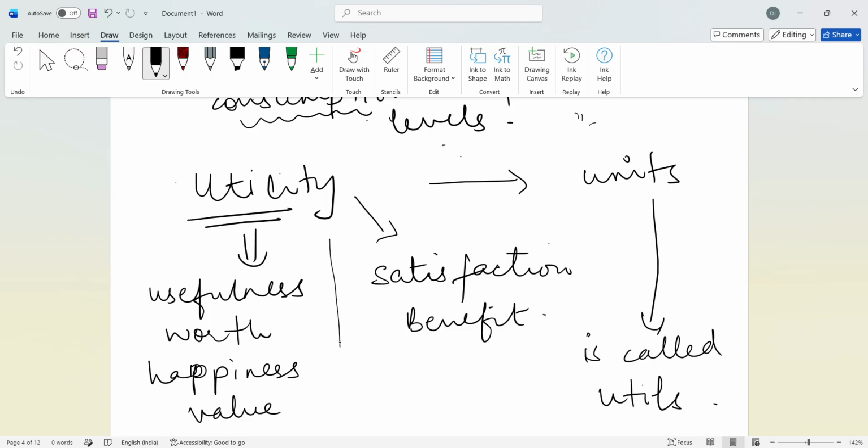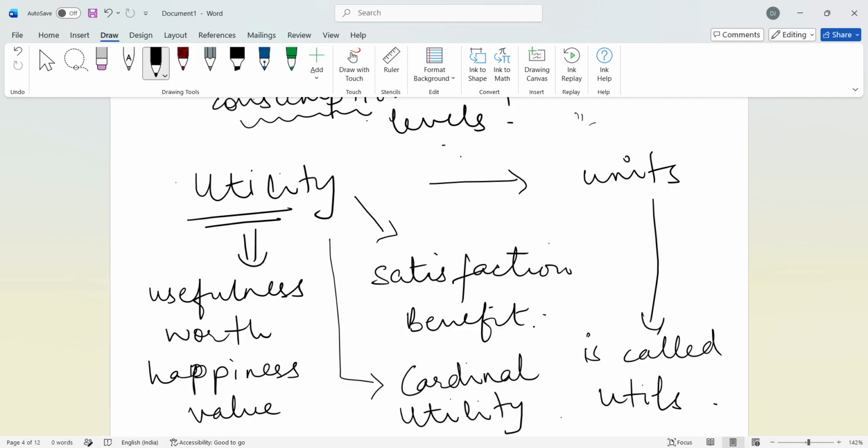This kind of utility, which a group of economists think is measurable and have given the unit utils, comes under what we call cardinal utility. All right. We don't have to go much into the depth of this in your AP Micro course, so I'm not going into much depth. But that's what you have to understand with utility.